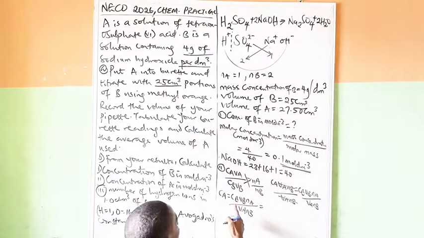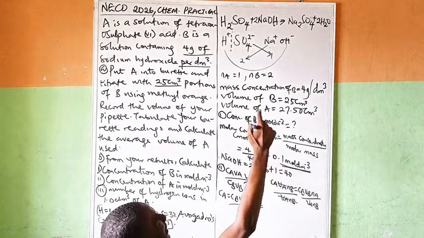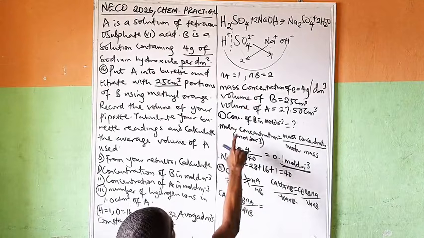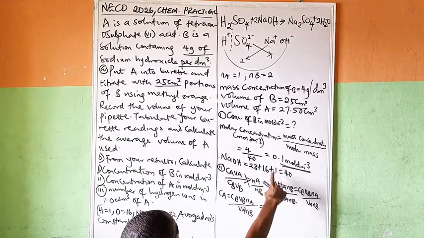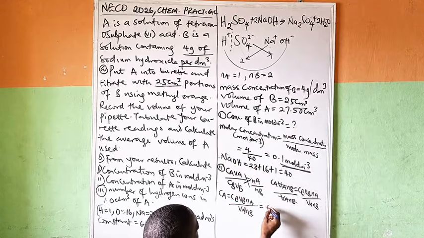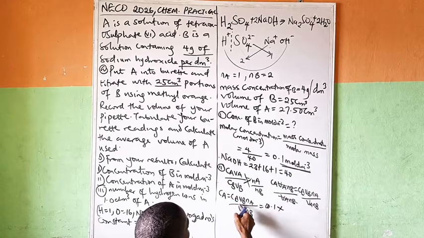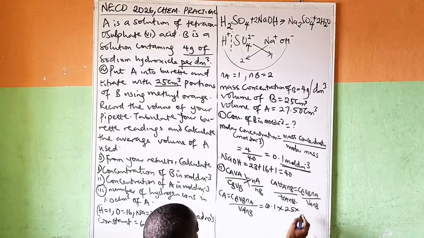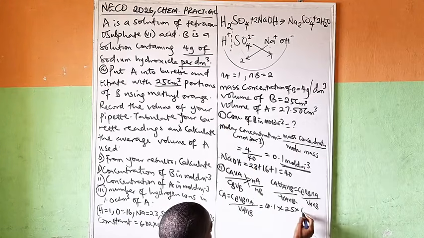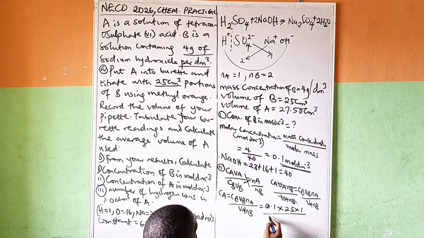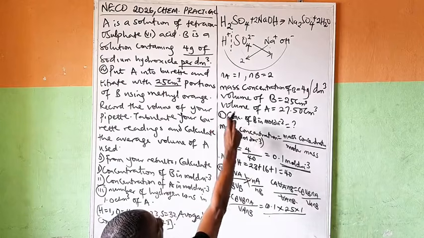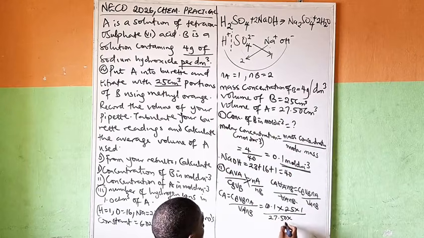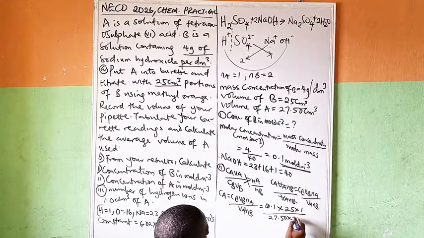What is our CB? It means the molar concentration of B, not the mass concentration. All these are molar concentrations. So the molar concentration of B is what we have solved: 0.1, times the volume of base, which is always 25, times the number of moles of acid, NA, which is 1, all divided by VA, the volume of acid, which is our average titer value, 27.50, multiplied by the number of moles of base, which is 2.